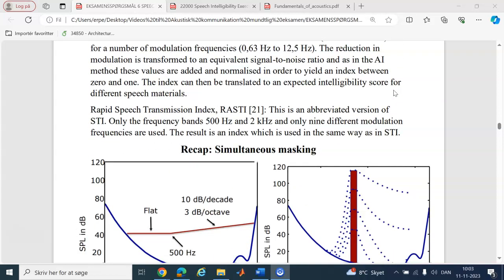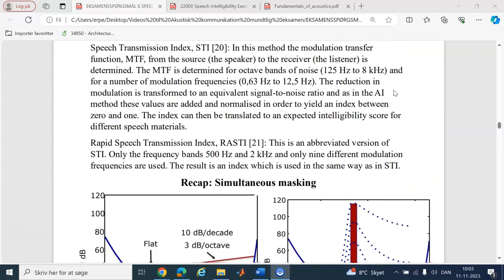Okay. Rapid speech transmission index, RASTI. This is an abbreviated version of STI, speech transmission index.